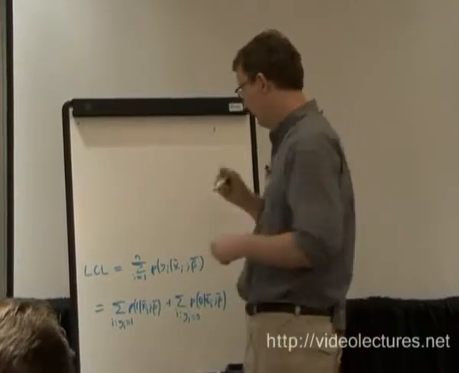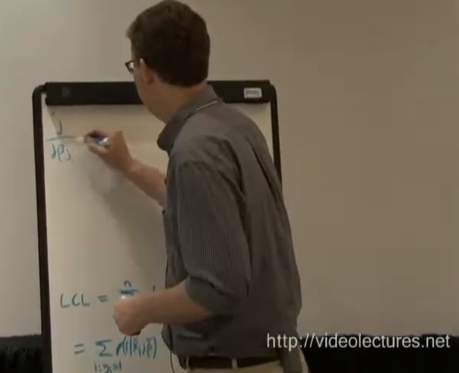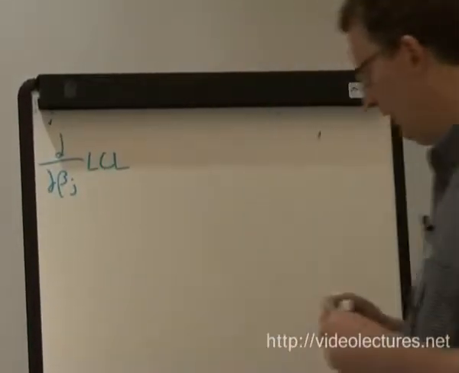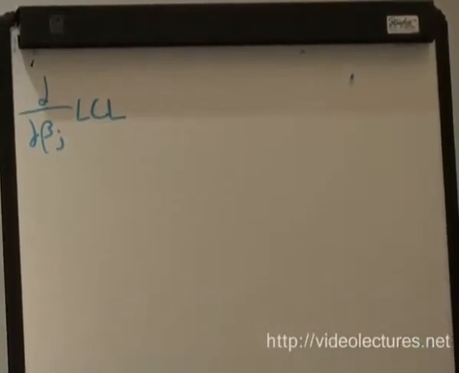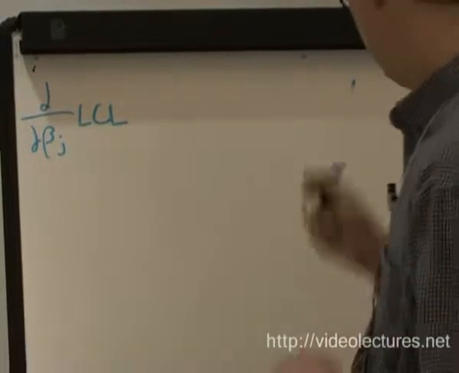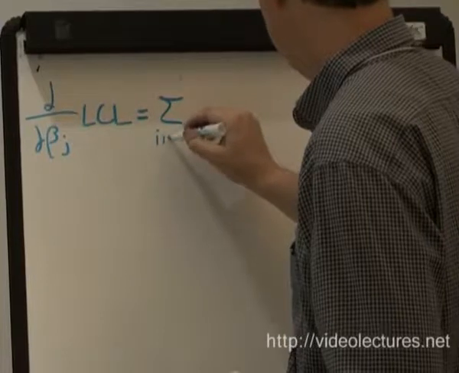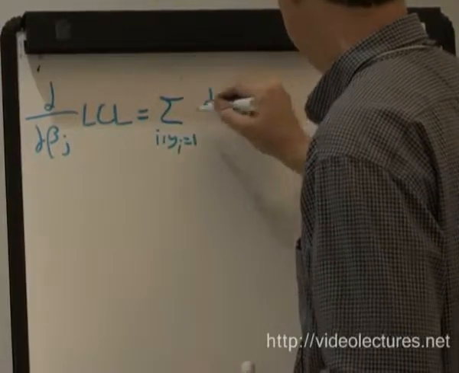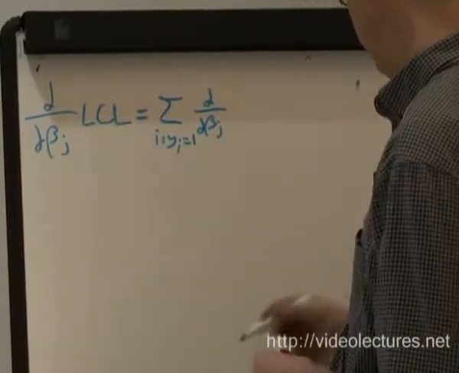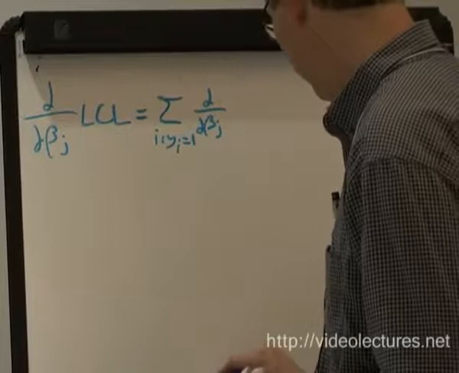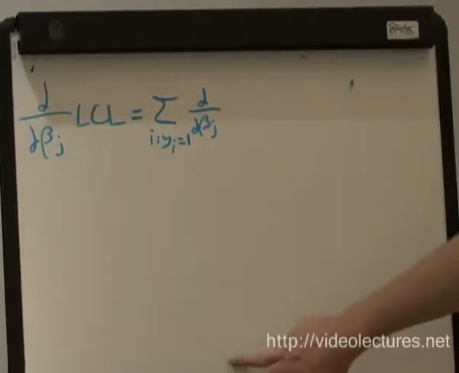So now d by d beta j of log conditional likelihood. So remember, the derivative of a sum is the sum of the derivatives. So this is sum from i such that yi equals 1, d by d beta j of, okay. So I forgot the logs in here.